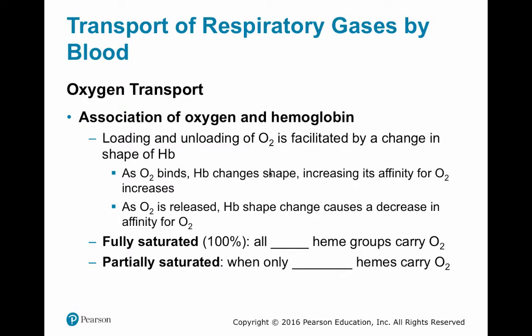So loading and unloading of oxygen is facilitated by a change in the actual shape of hemoglobin. As O2 binds, hemoglobin changes shape, and it helps to increase its affinity for oxygen, right? As O2 is released, hemoglobin shape changes, decreasing its affinity for oxygen.